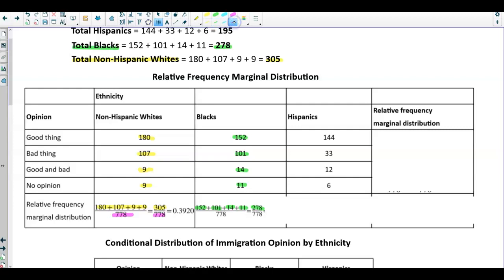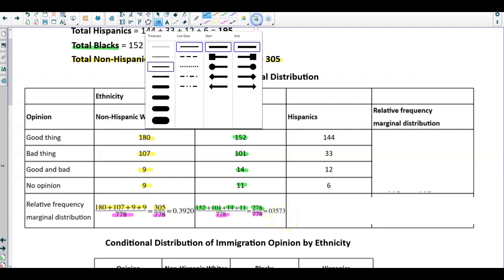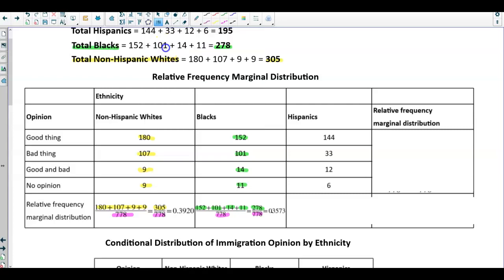We divide it by the table total of 778, and that gives us 0.3573. So there should be a decimal point here. It's 0.3573.